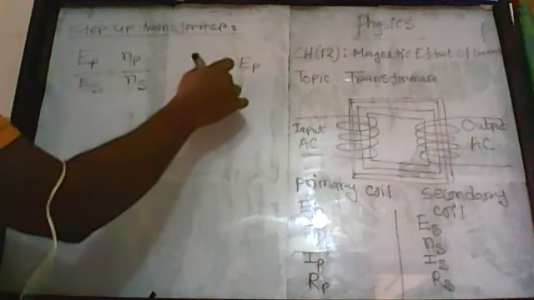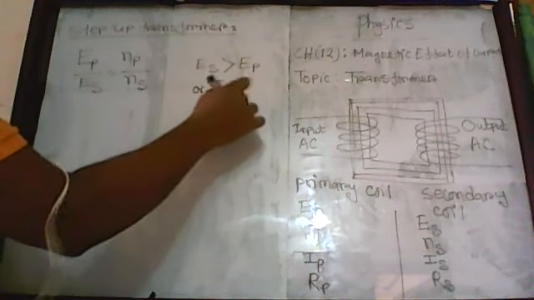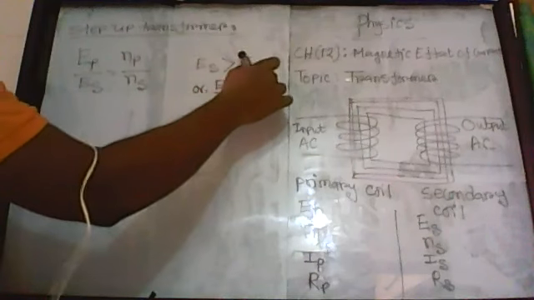Now, EP by ES will be equal to NP by NS. If ES is greater than EP, then I can also say that ES divided by EP must be greater than 1.